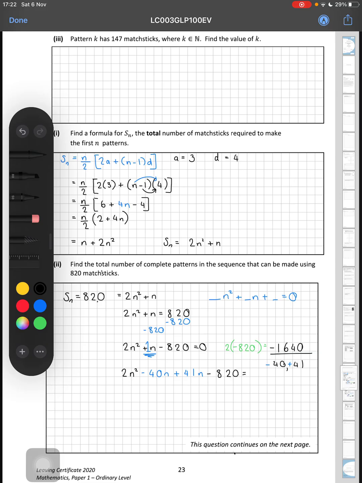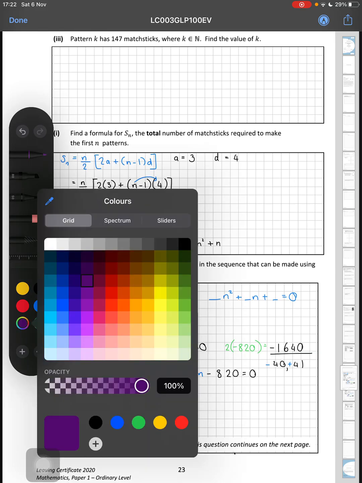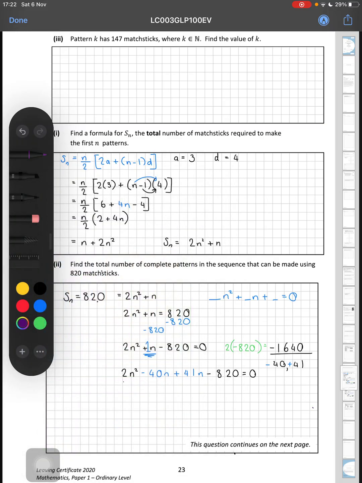So I'm going to rewrite out my equation. Unfortunately, this one isn't as nice where we can just open up brackets straight away. But we can replace the plus 1n with minus 40n plus 41n, and then factorize it using 4 terms, our grouping method. So I'll factorize the first 2 terms together first.